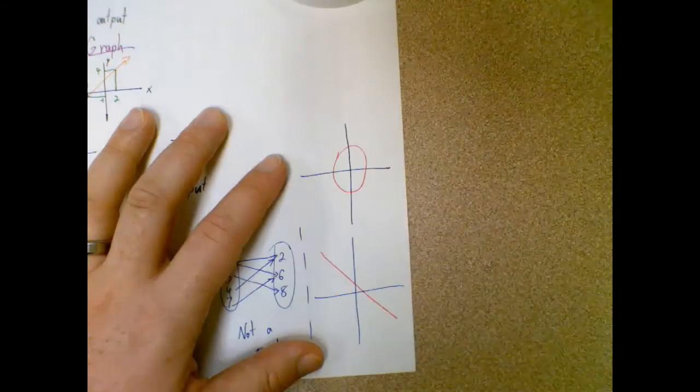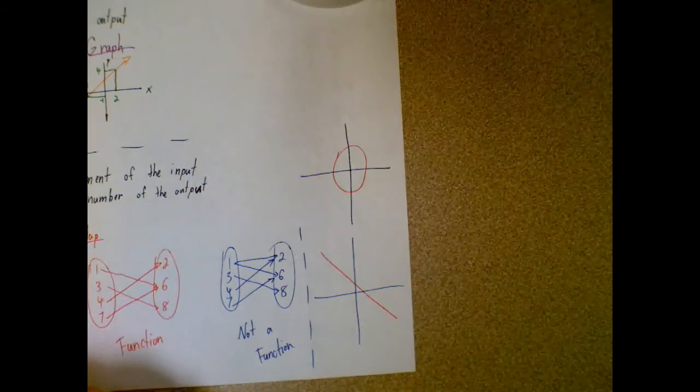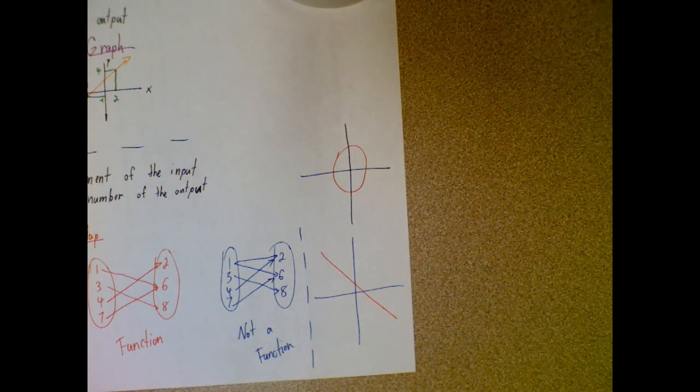I'm going to take a vertical line and drag it from left to right and see if I ever have an x value that hits my graph twice, because if it does, that means I have 2 y values.